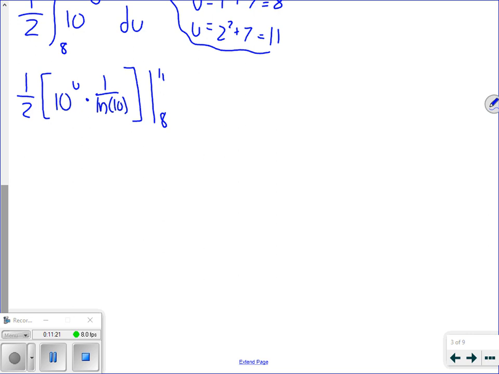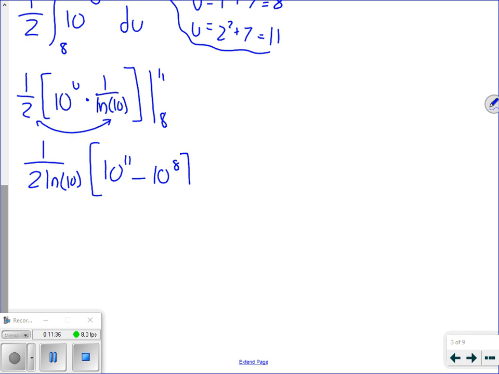So I'm going to combine the 1/2 and bring that out as 1 over 2 ln of 10, times 10 to the 11th minus 10 to the 8th. I'm just going to leave it this way. That's as simplified as we need to go.